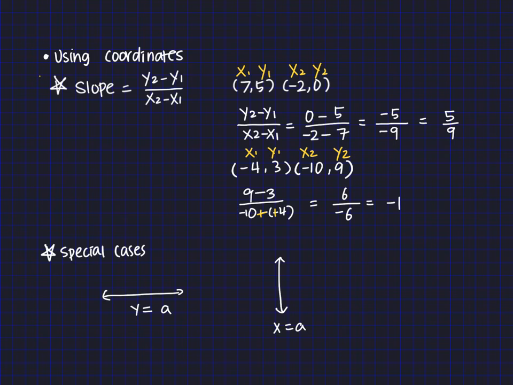For the first one, y equals a number, you see that the graph is going to be horizontal, it's flat, so you really don't have any slope that you can either go up or down. So whenever you have y equals a number, it's going to be a 0 slope. It's a flat surface, nothing there, slope is 0.